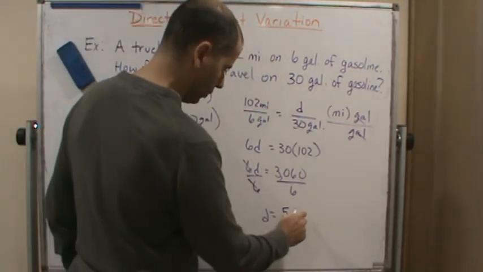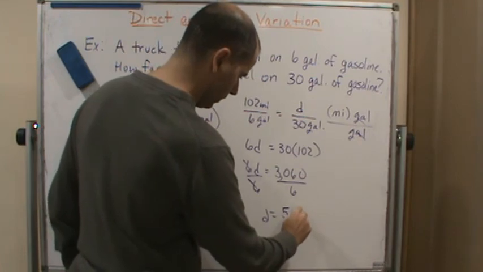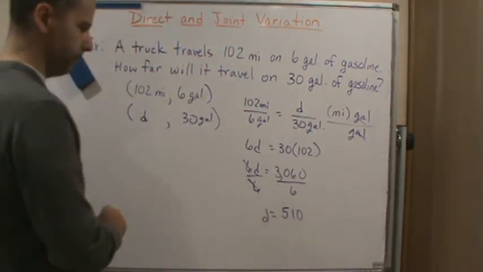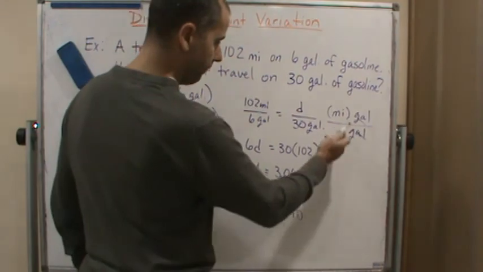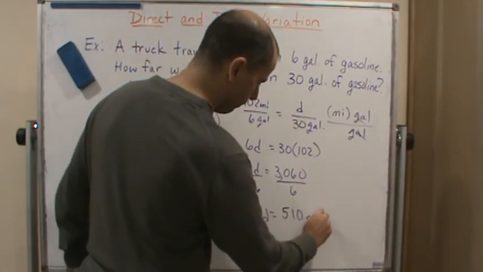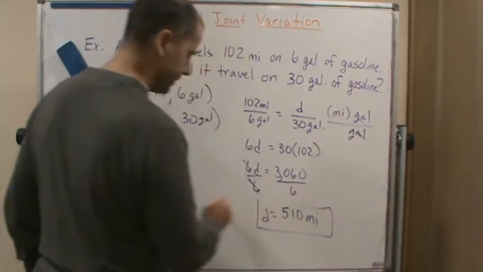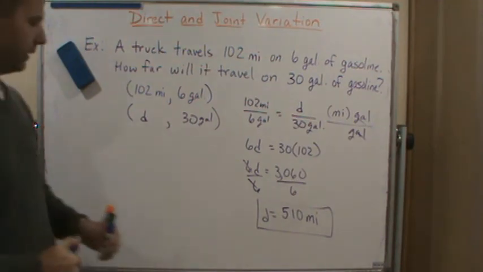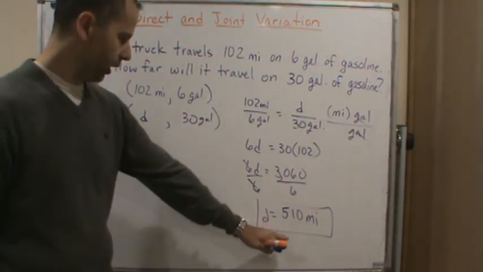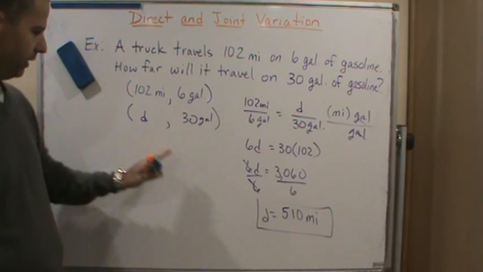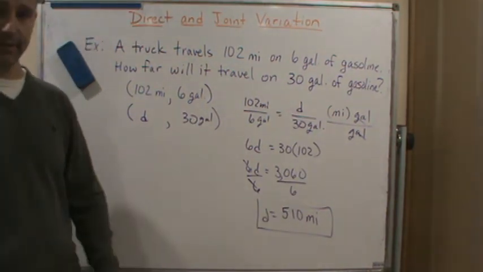This is going to be 510. So again, 510 what? Miles. So that's the answer. How far can the truck go on 30 gallons of gasoline? 510 miles. And that's the answer.